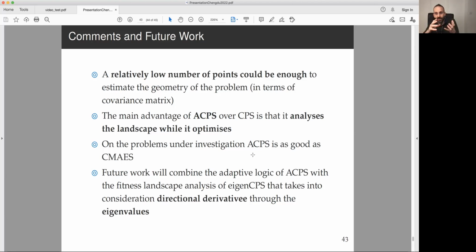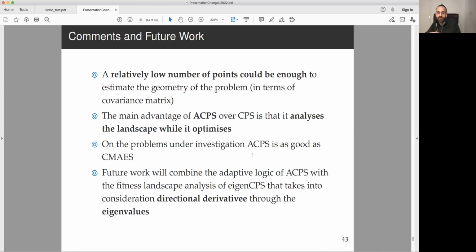Since we have few points, they are good enough to determine the directions of the eigenvectors, but not good enough to estimate the eigenvalues, and therefore the estimation of the gradient is usually wrong. So this is an open problem, and I am still looking into it.